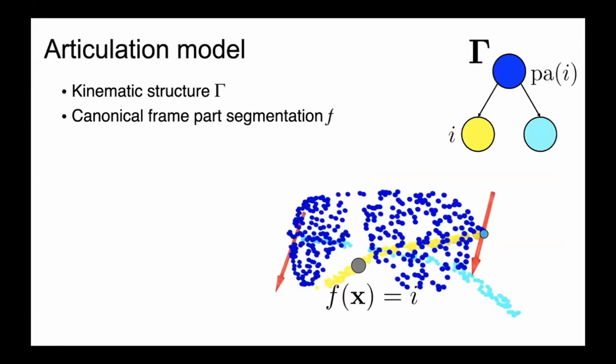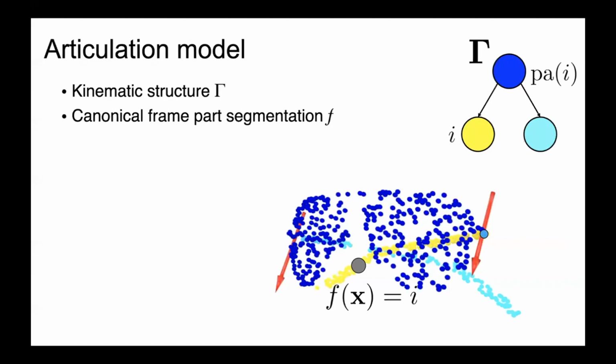Right? Okay, so how do we do this? We start with the articulable model. It comes with a kinematic tree that says which part is connected to which other part. We need to define some way of identifying what part is in this point cloud. That we do using an implicit function, which takes in the canonical point cloud, and we essentially learn a function f.